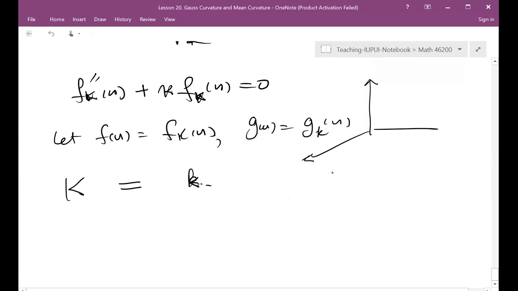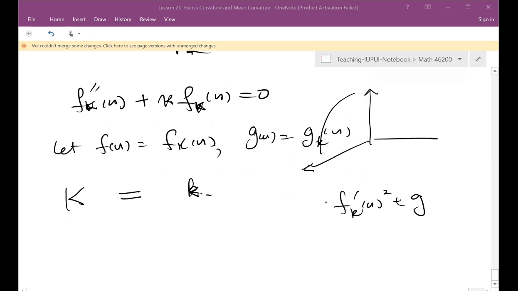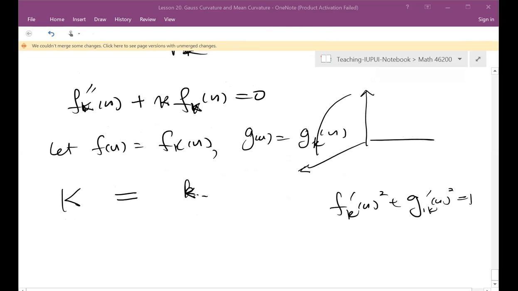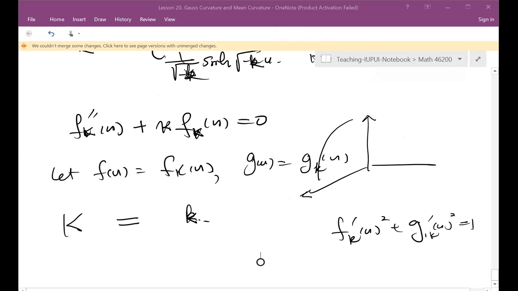Yeah, so we want to make sure this curve we choose, I go too fast, it's going to be 1. Okay. So if I let k be 1, that's easy, just sine and cosine, right? Otherwise, you have to be very careful, have to define the g_k.